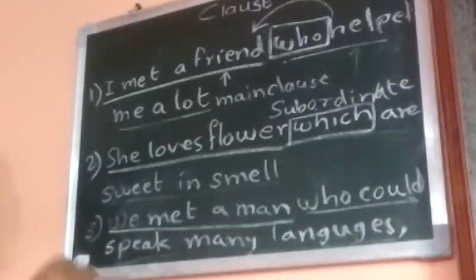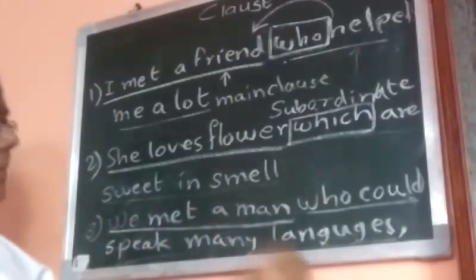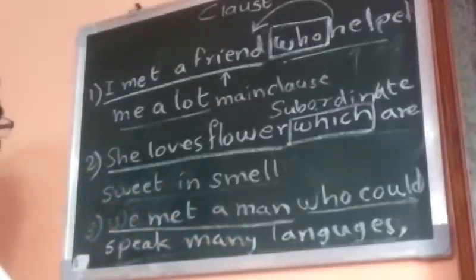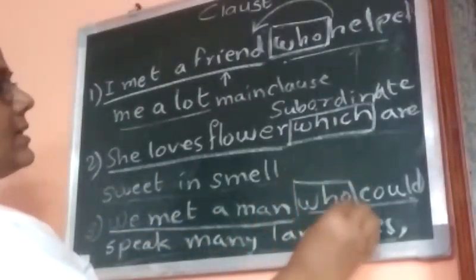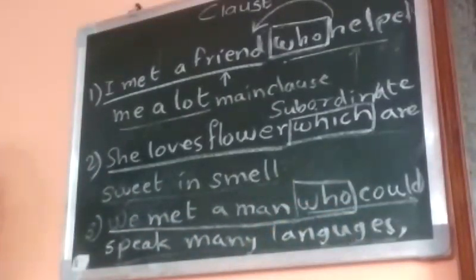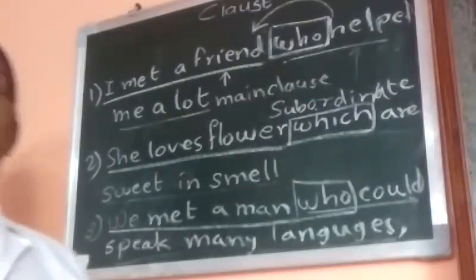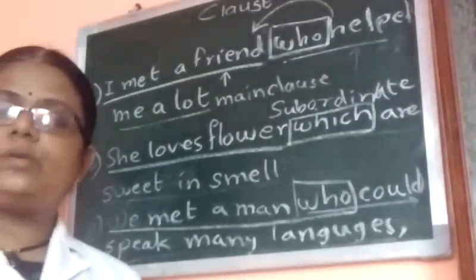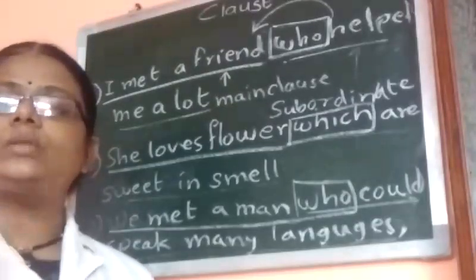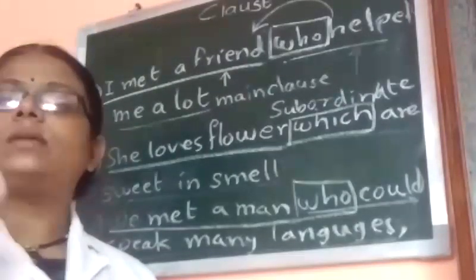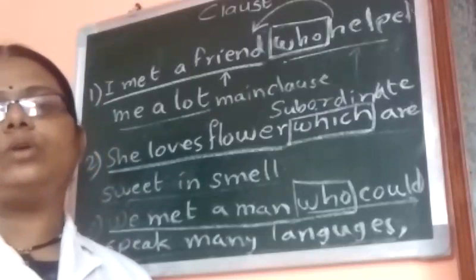In the third sentence, we met a man is the main clause, who is the subordinator, and who could speak many languages is the subordinate clause. Now friends, you have cleared your concept about clause, phrase, main clause and subordinate clause.